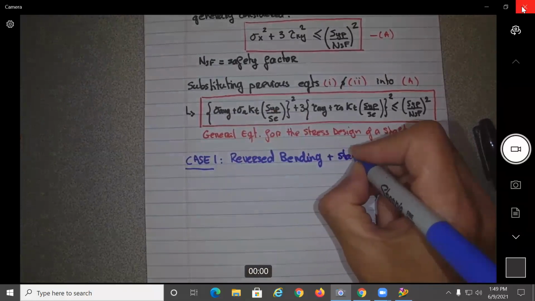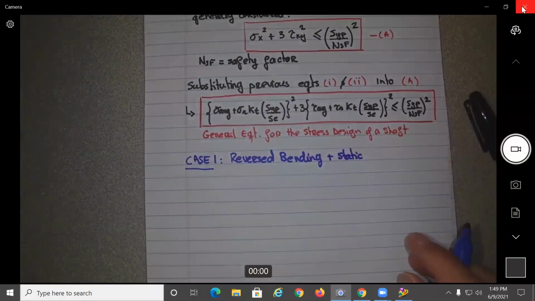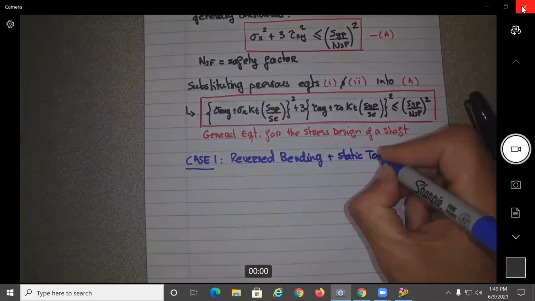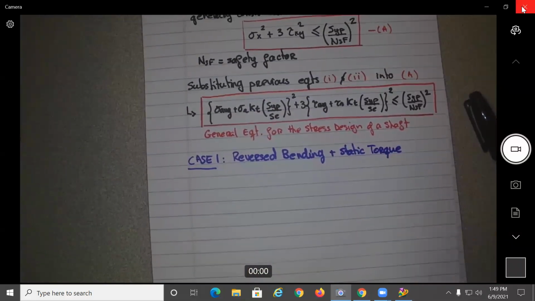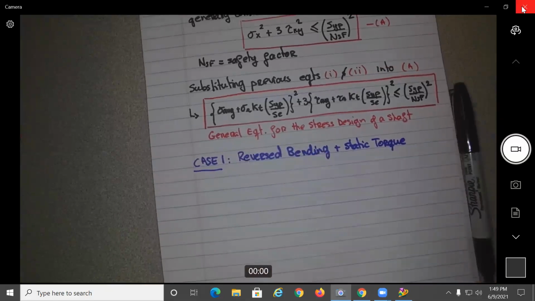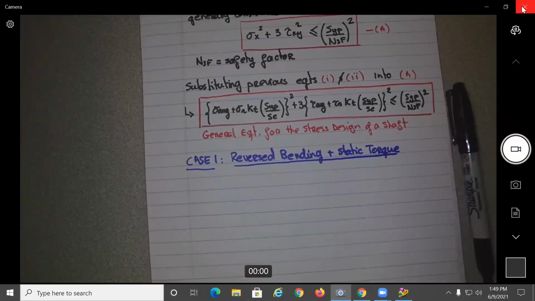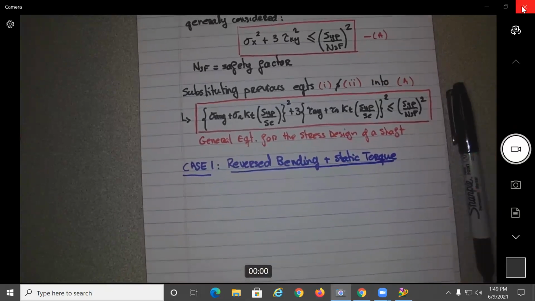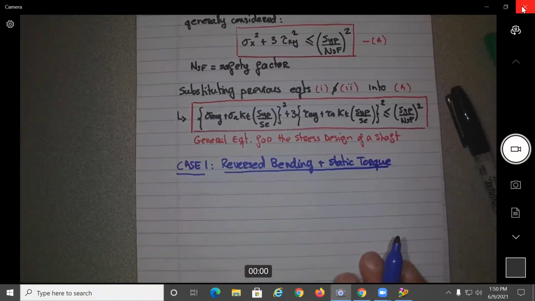Plus nearly constant state torsional stress, which basically means static torque. Okay, so in a problem, they give you this information.